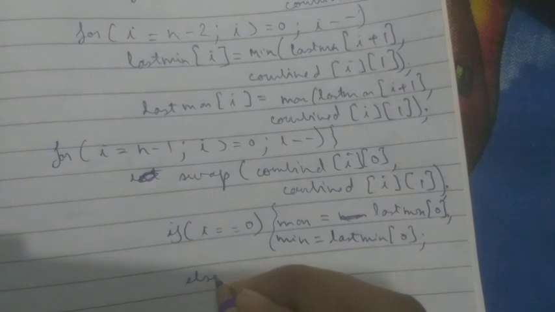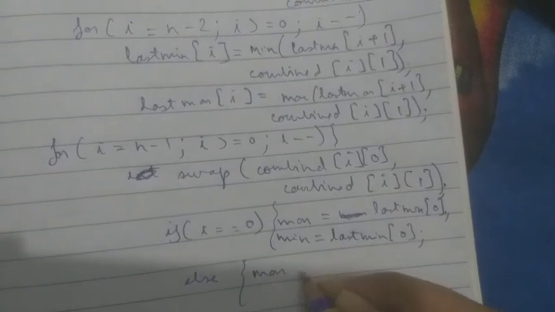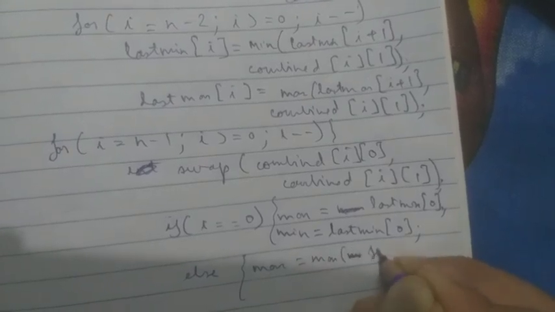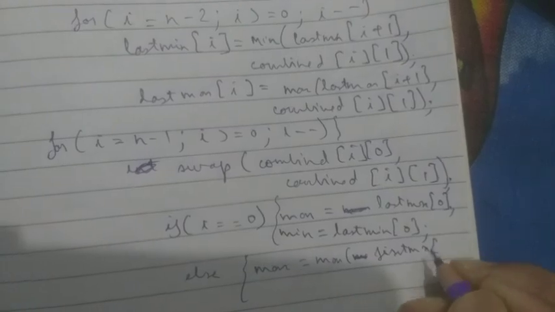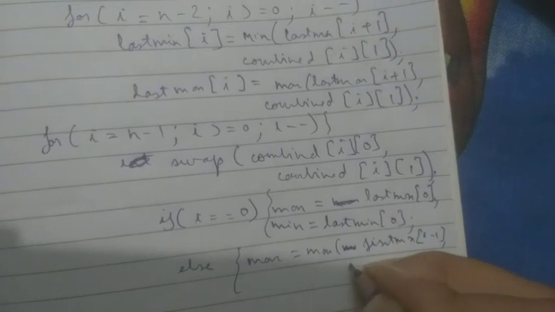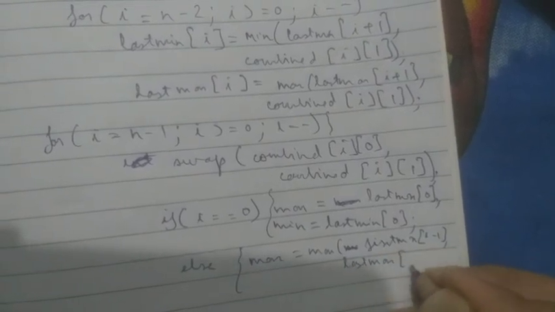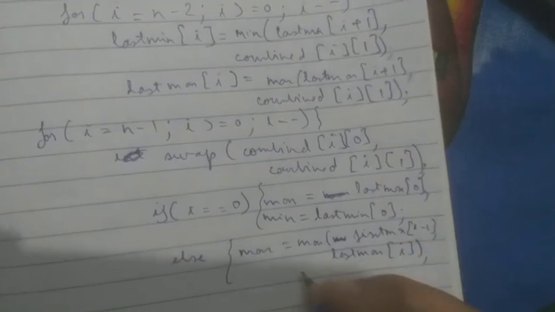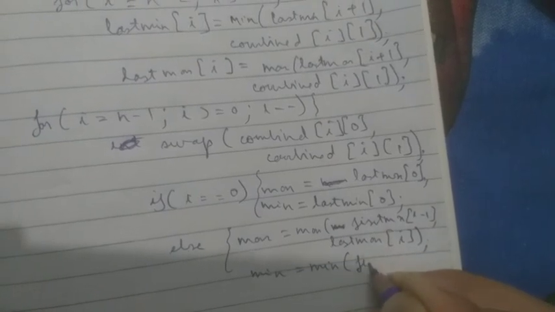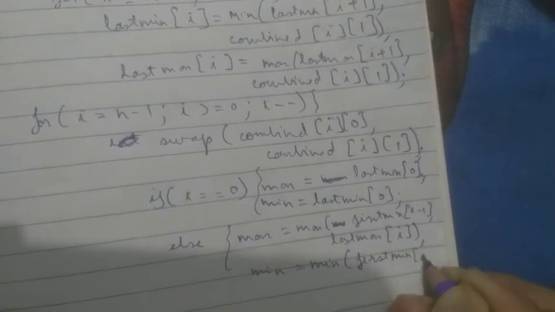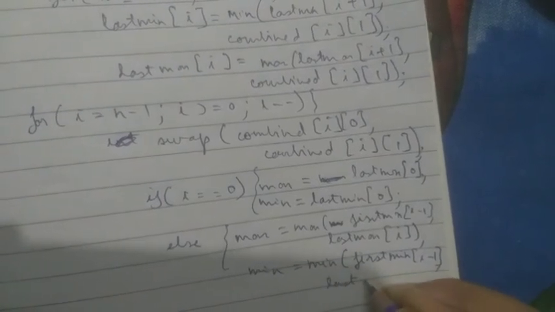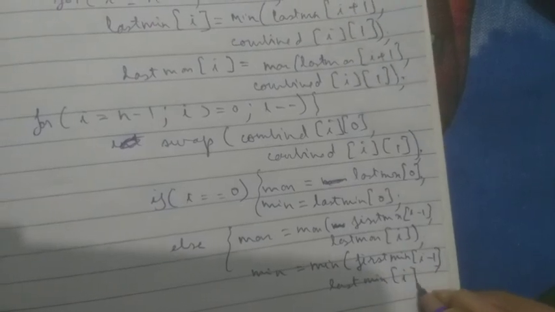And if it's not equal to 0, then max would be the maximum of first max, that is the first max of I minus 1 elements, and the last max of the rest of the elements from I. And minimum would be the minimum of the first I minus 1 minimum elements and the last minimum of the remaining elements from I.